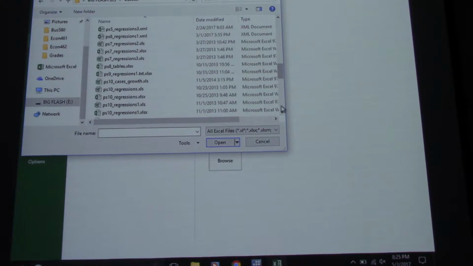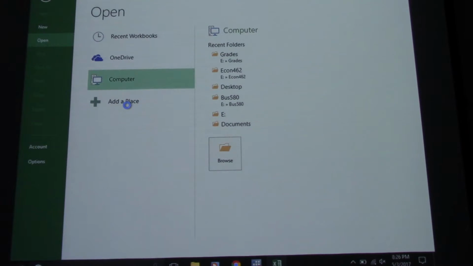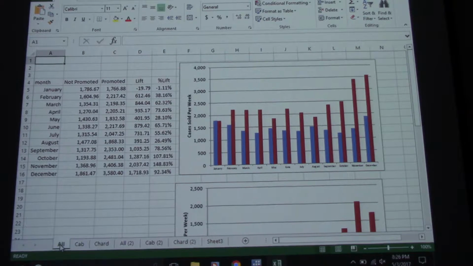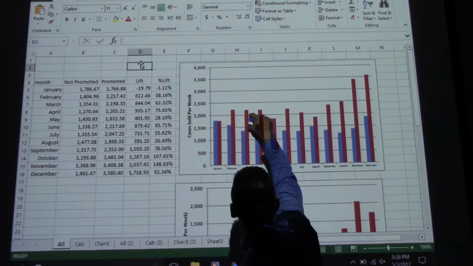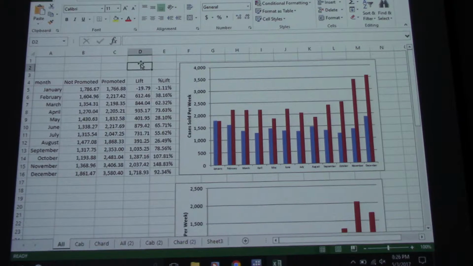So here's what we did in Stata. That was pretty easy. And what I'm doing here is identical to what we did earlier, constructing essentially that difference variable, the difference between these two, here, here, here, and the percentage difference.